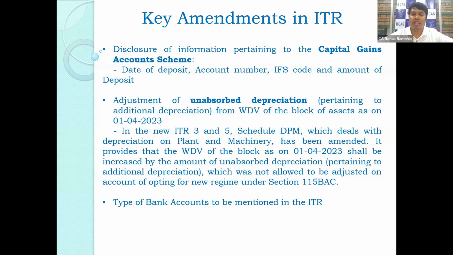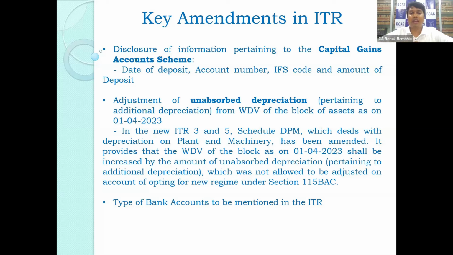So, for example, in ITR 3 and 5 in the schedule DPM, which deals with depreciation on plant and machinery, it provides that the WDV of the block of assets as on 2023 can be amended, and it shall be increased by the amount of unabsorbed depreciation pertaining to additional depreciation, which was not allowed to be adjusted on opting for the new regime under section 115BAC.